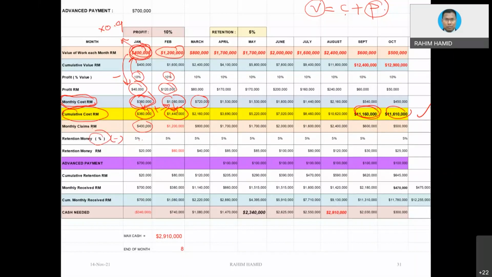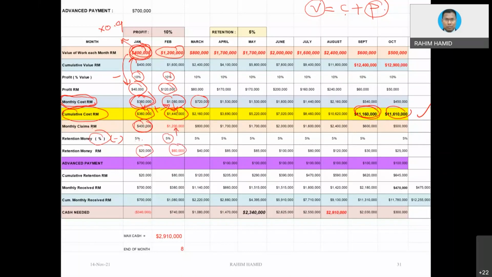No. Deduct the retention money from the value, the money that the client will basically pay you. So if, for instance, 5% deduction out of 400,000 would be 20,000. So this is just to show you how we get the value. So 5% from here will be 60,000, etc., etc.